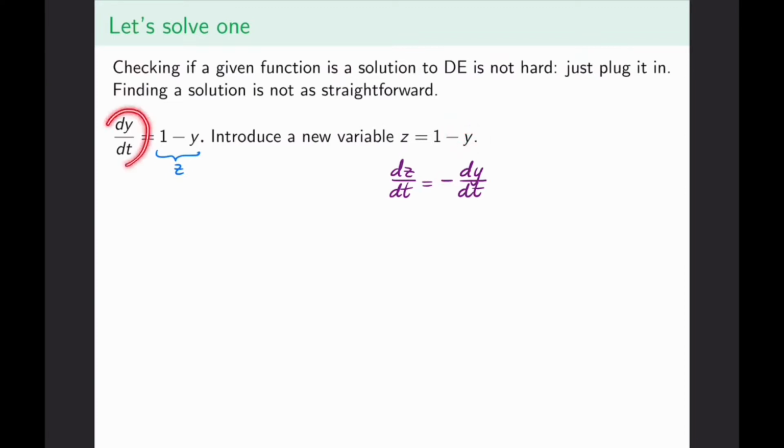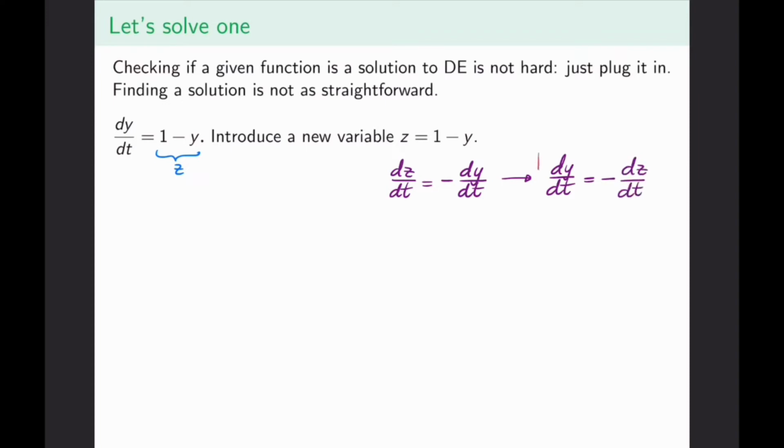Now, in this expression, I would like to replace dy/dt, so I'm going to work with this a little bit longer and rewrite this for dy/dt, not dz/dt. From this expression here, if I simply multiply both sides by negative, I will get exactly what I'm after, and I can see that dy/dt is in fact equal to minus dz/dt.